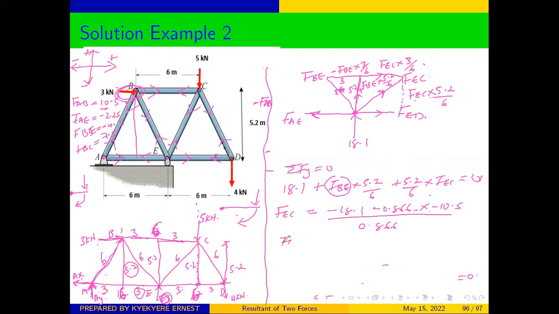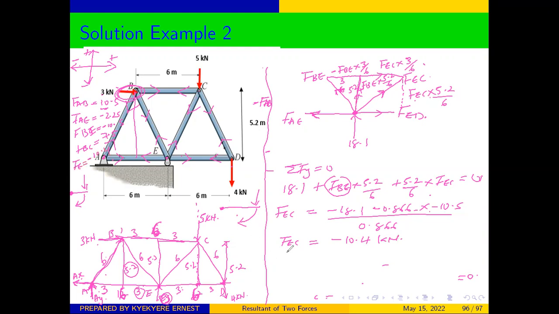And from there, FEC will be equal to negative 10.4 kilonewtons.